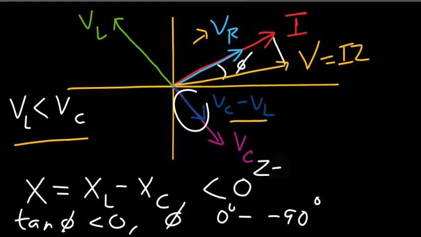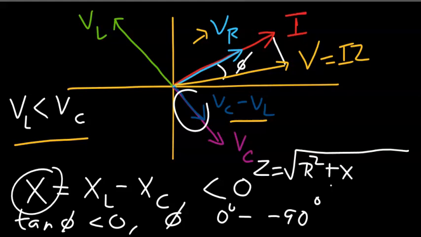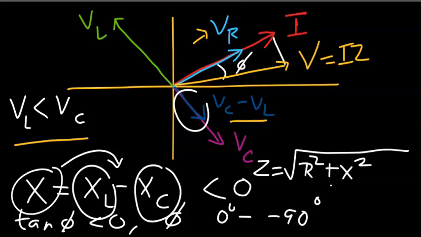The expression for the impedance, however, is the same as before, namely the resistance squared plus X squared, where X is the reactance of the circuit, namely the reactance of the inductor minus the reactance of the capacitor, and you square root this entire sum.